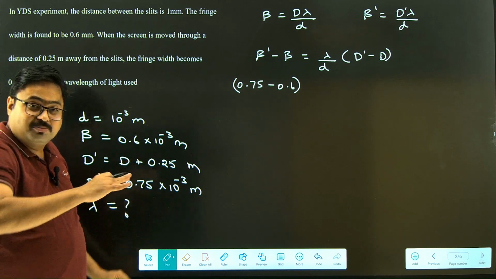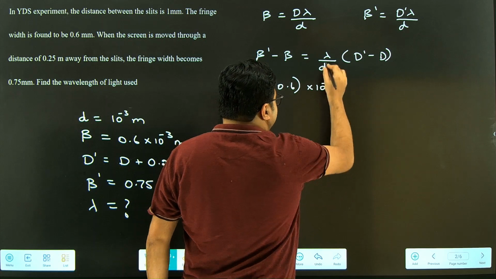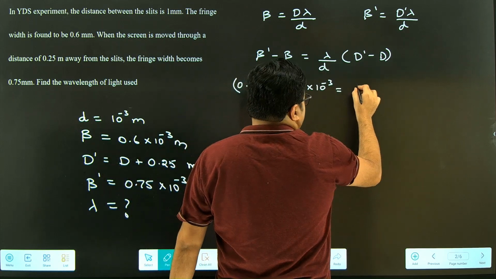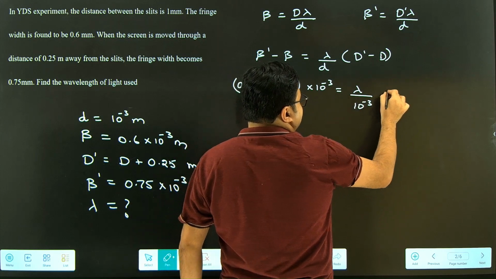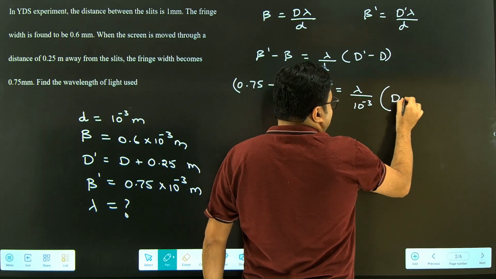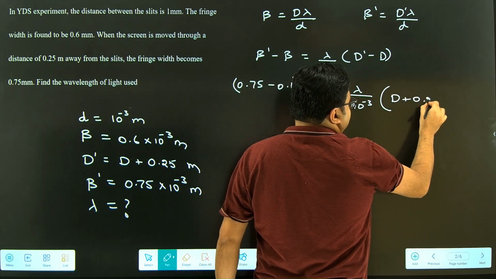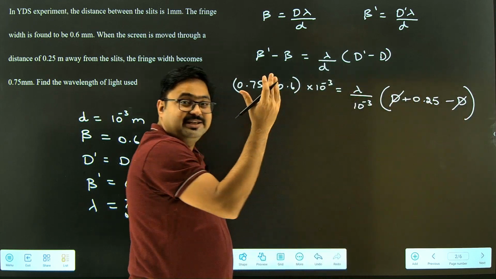You can pull that out as a common factor. So it becomes 10 to the power of minus 3 equal to lambda, which has to be figured out, divided by small d is 10 to the power of minus 3, multiplied by D dash minus D. D dash is D plus 0.25 minus D. So we have plus D and minus D getting cancelled.